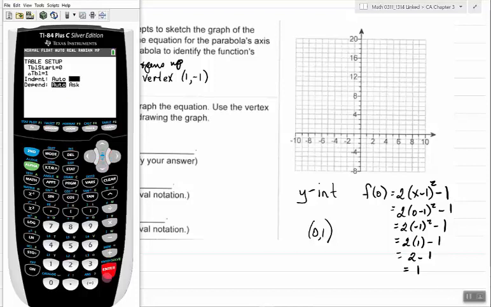It will stay that way. I just had not set this emulator to be like that. So now if I do second table, it is waiting. I put in x is 0, press enter, and there is a 1. I mentioned in the printable notes that you can find the y-intercept by using table. All you have to do is type in x is 0. You do have to have the y equals function in there.